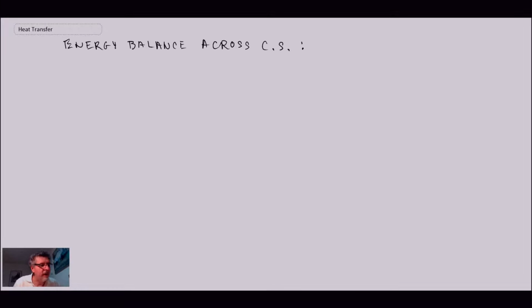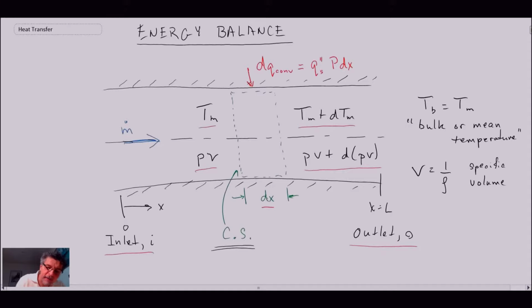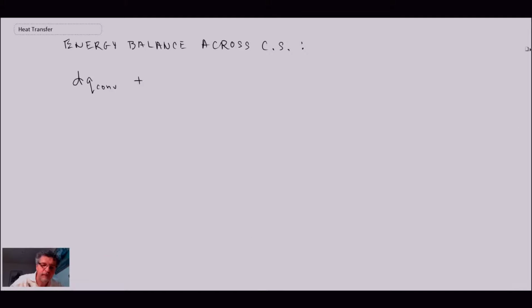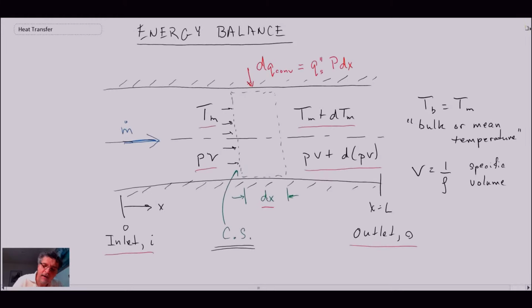To begin with, remember we said that we have some form of convective heat transfer around the perimeter. So energy is coming in that way. And then we have energy flowing into our system on this side because we have flow coming in here. So energy is flowing in. And at the same time, we have energy flowing out through the fluid.